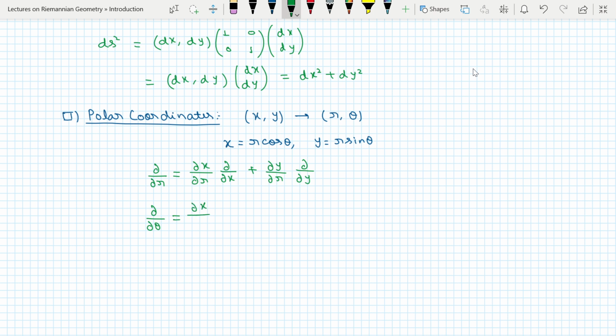And this del over del theta, in a similar manner, is del x over del theta, del over del x plus del y over del theta, del over del y. So this is from the chain rule.